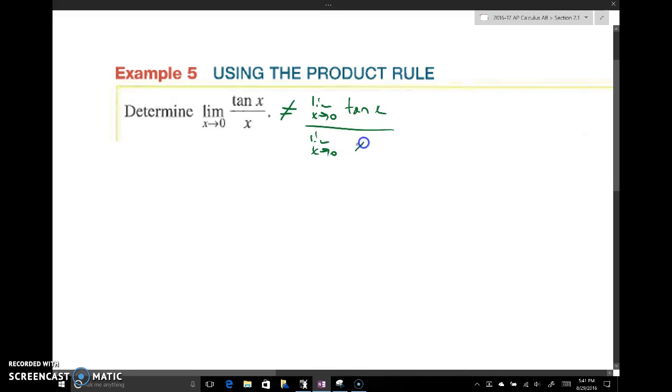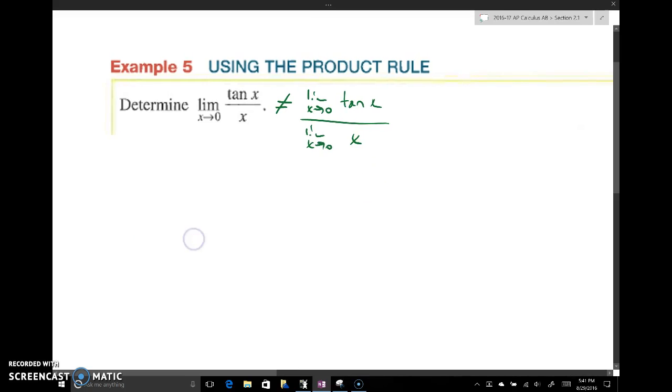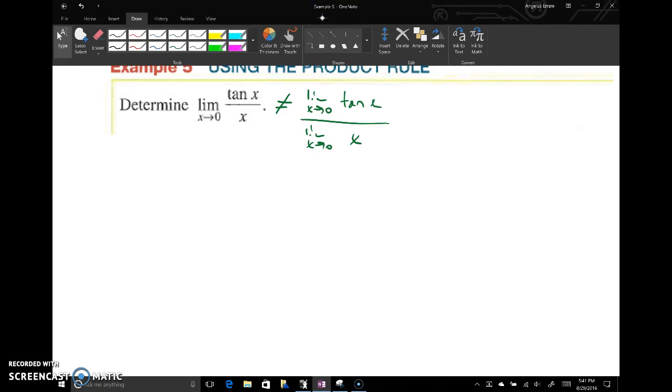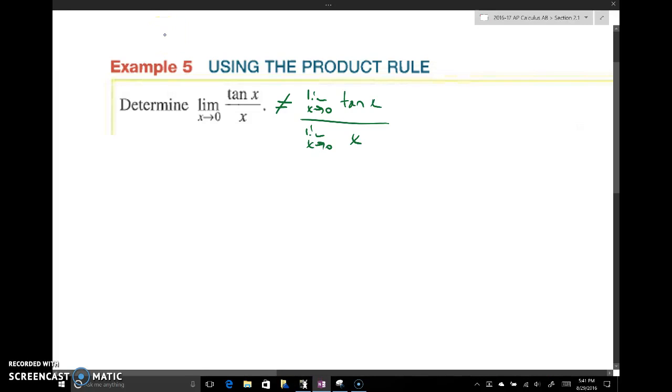We can't do this because the bottom is equal to 0. That's our problem. So we have to get creative, and part of what we're going to be doing through the next couple of weeks is learning techniques for taking limits for problems like this where we can't just plug it in.